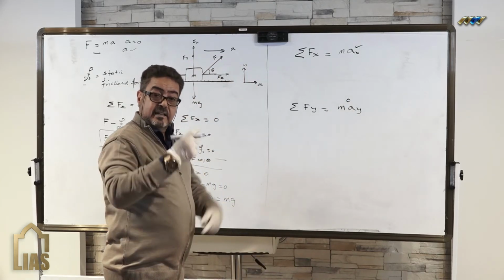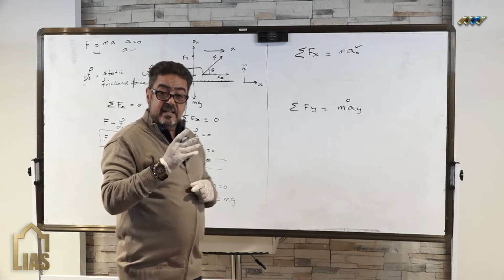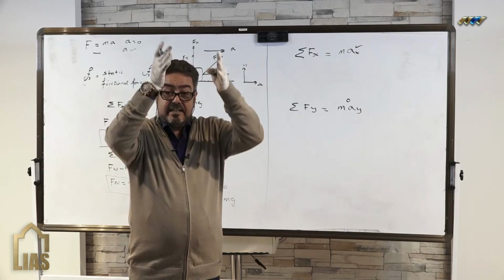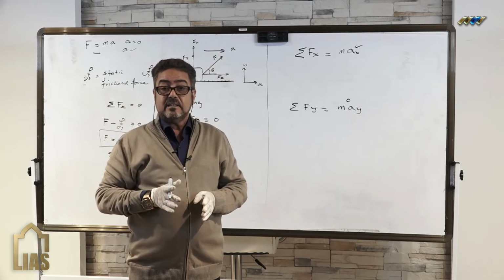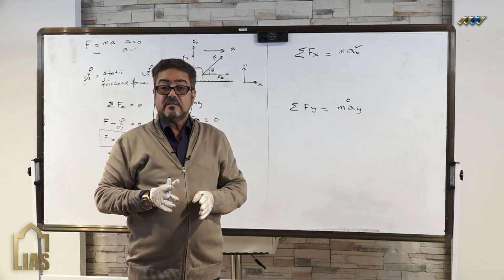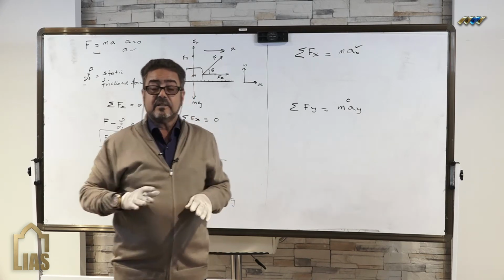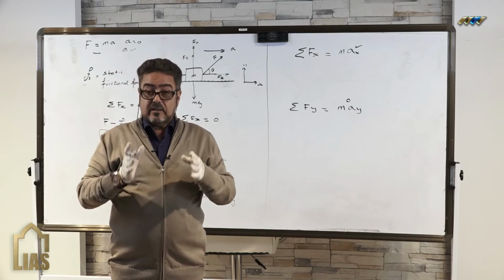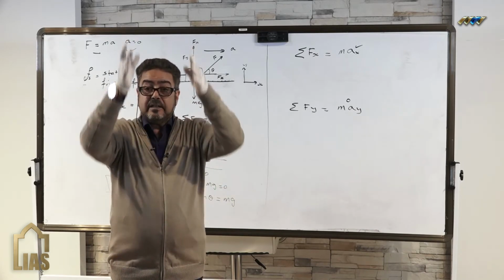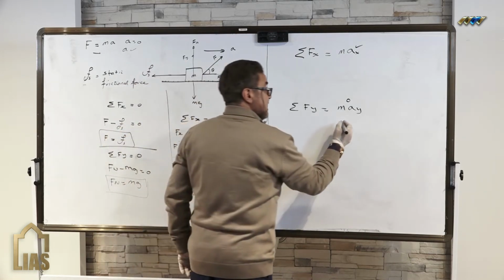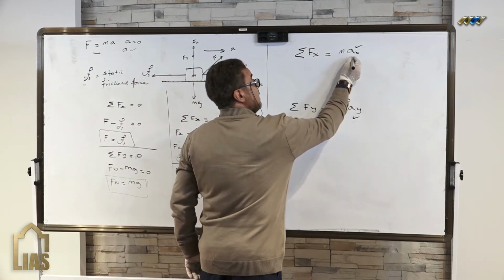The other way, if the body or the mass is moving in the y direction, like an elevator, okay, the elevator, l'ascenseur, is moving only in the y direction. Then in this case, we have ay and we have this 0.